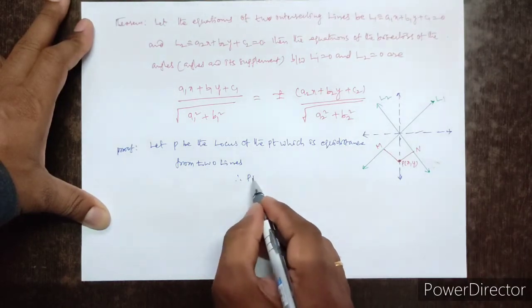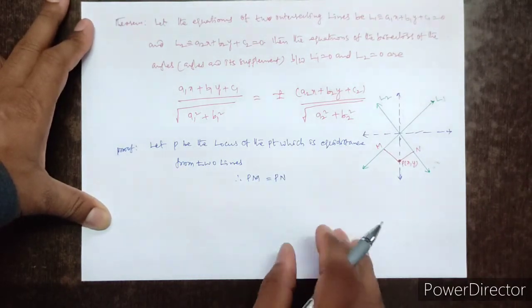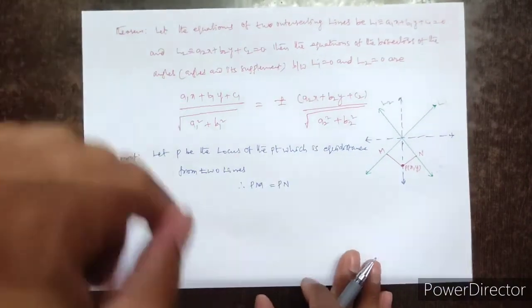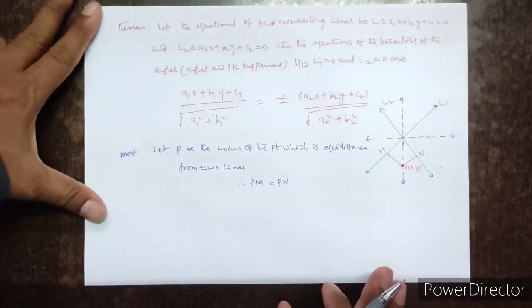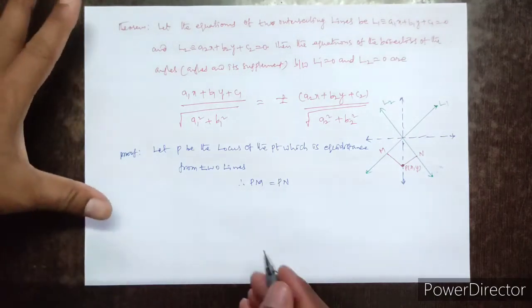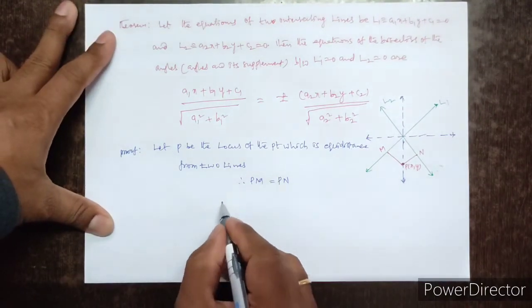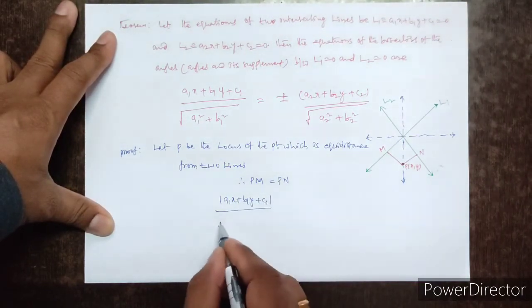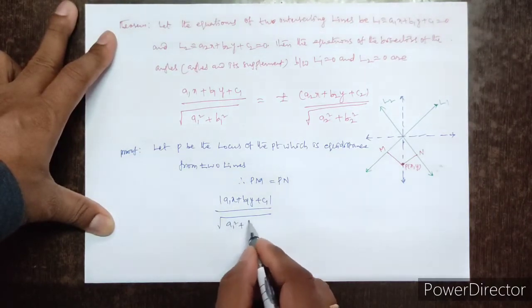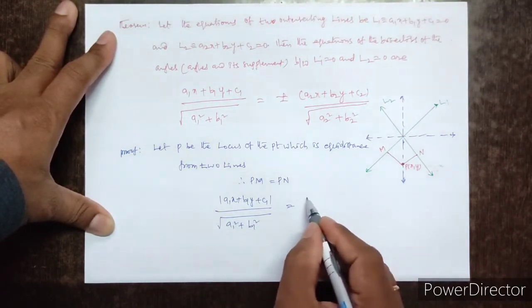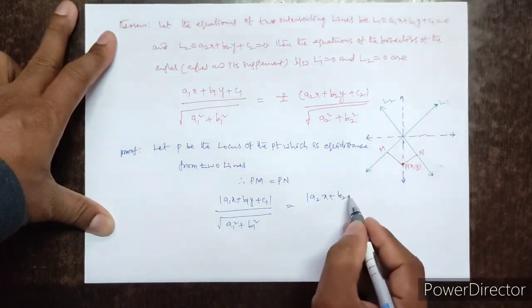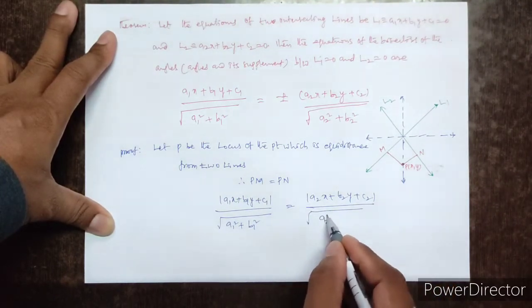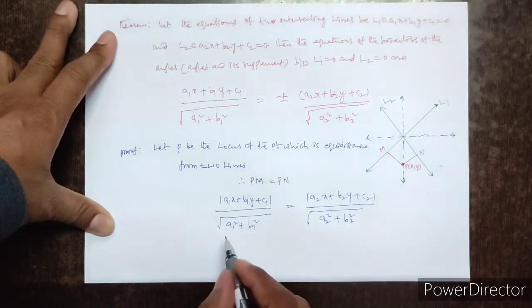Therefore PM equals PN. We already know the perpendicular distance formula from a point to a line: modulus a1x plus b1y plus c1 by root of a1 square plus b1 square equals modulus a2x plus b2y plus c2 by root of a2 square plus b2 square.